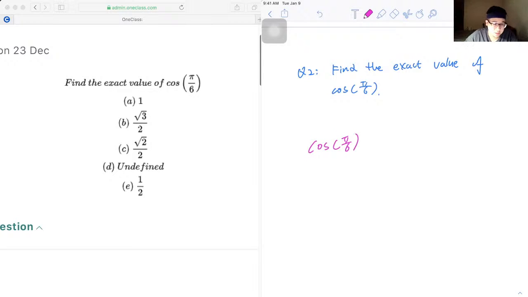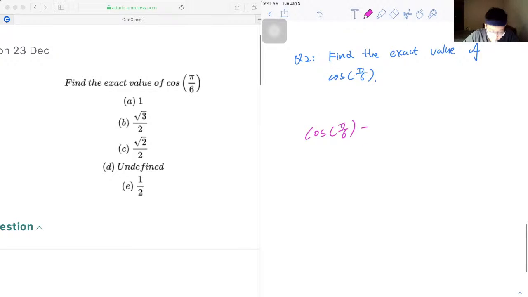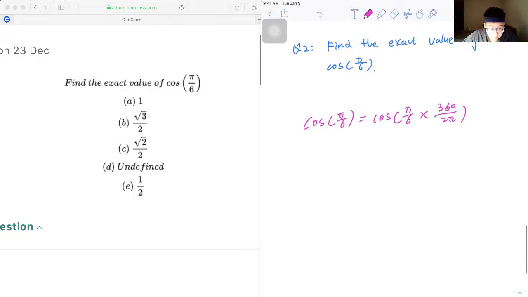If we want to convert it to degrees, we will need to use cosine pi over 6 times 360 over 2 pi. As you can see here, the pi cancels out, so we are left with cosine 30 degrees. In other words, cosine pi over 6 has the exact same value as cosine 30 degrees.